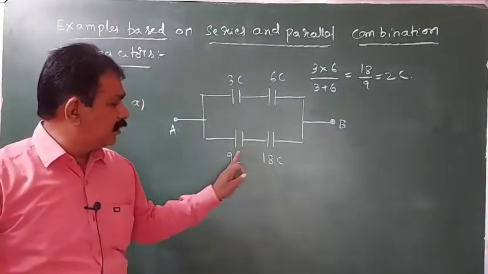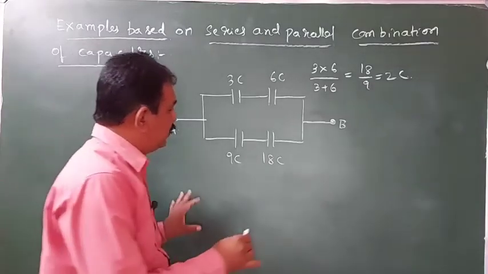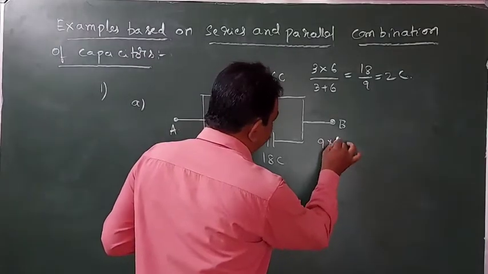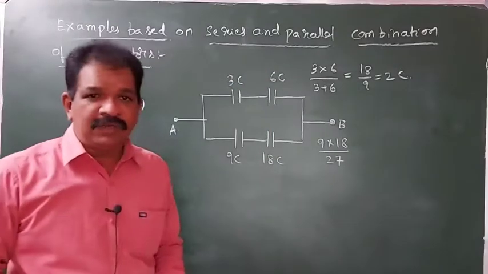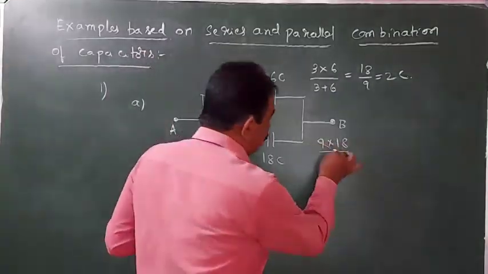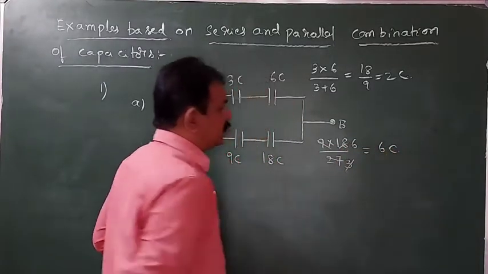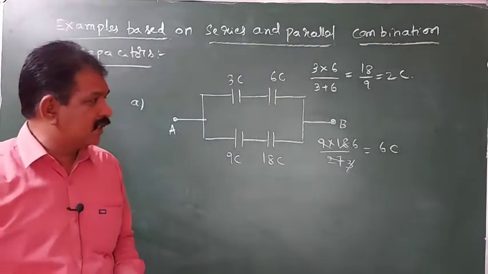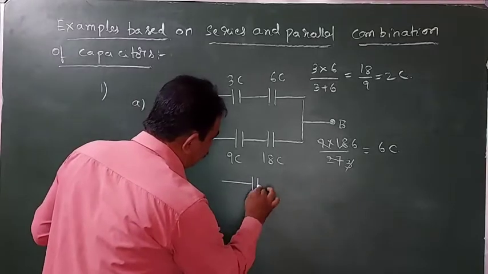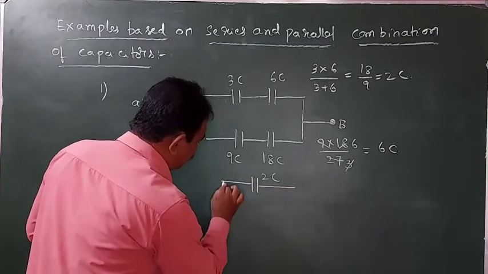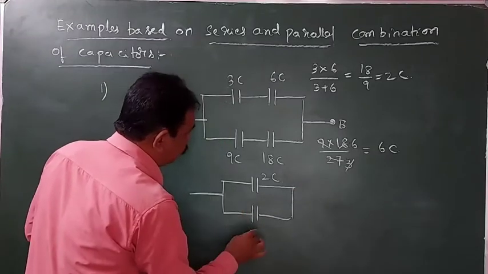You observe here, 9C and 18C, these two are also in series. So 9 into 18 by 9 plus 18, which is 27. 9 3s will cancel, 3 6s will cancel. So this will be equal to 6C. So by removing these two, we can replace them with a single capacitor having capacity 2C.